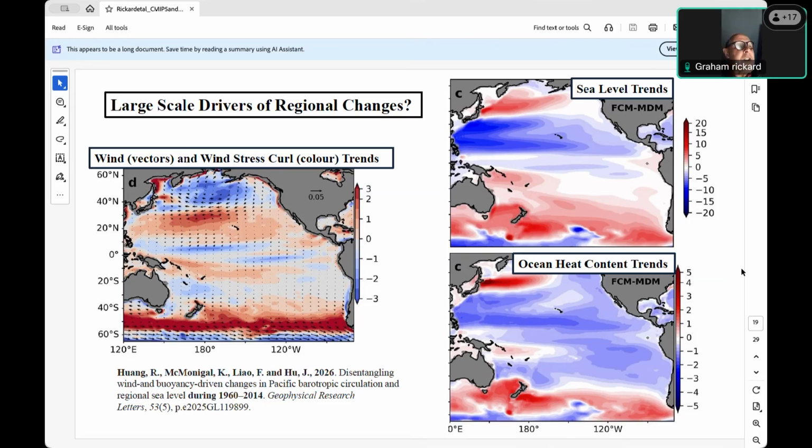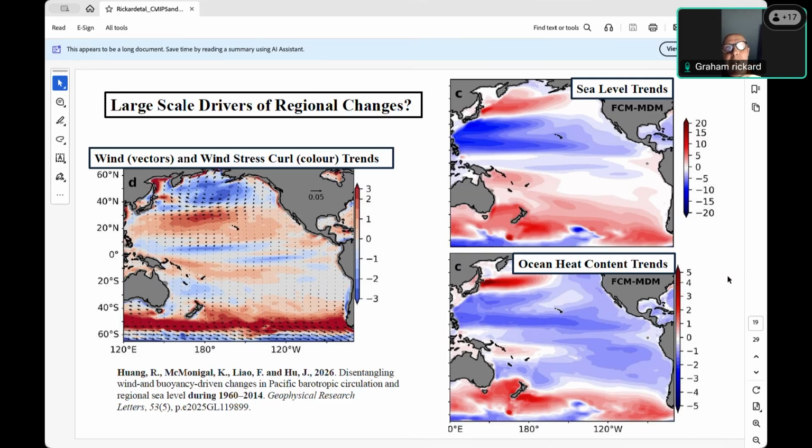On the right-hand side, you see the consequences of these wind changes. On the top right, you see the sea level rise. There are patterns associated with the gyral systems, but basically the water around New Zealand is rising, and the water in the Southern Ocean has reduced, which is part of that gradient that we're seeing. The bottom one shows the ocean heat content. So there's a double whammy here.